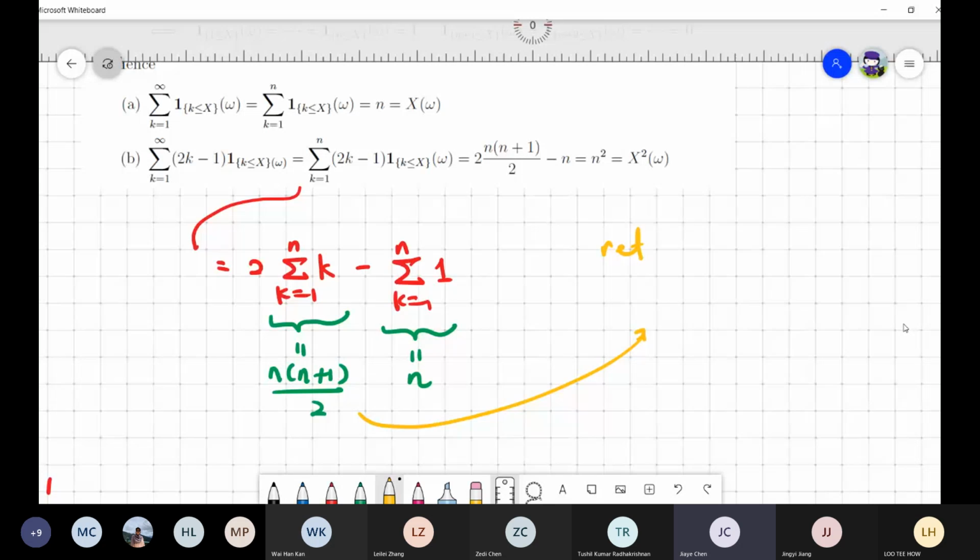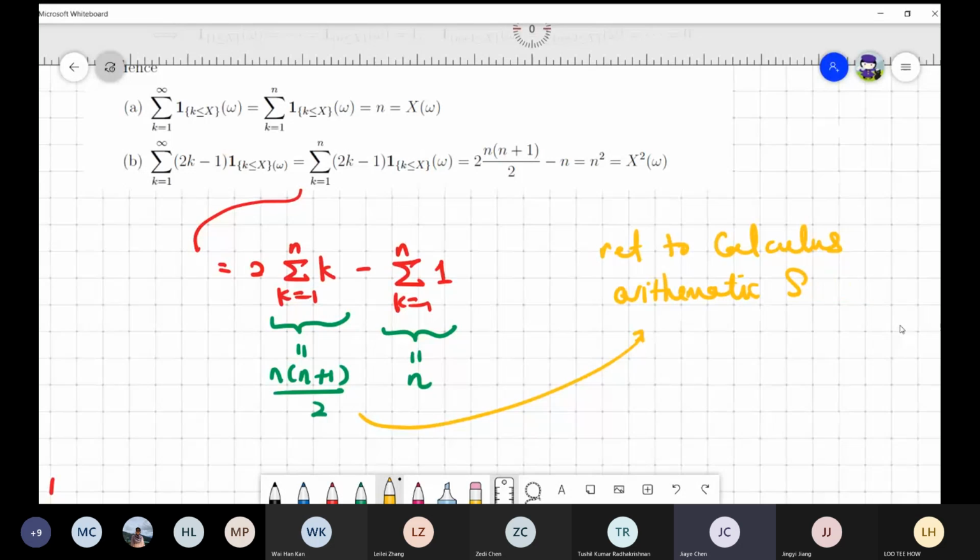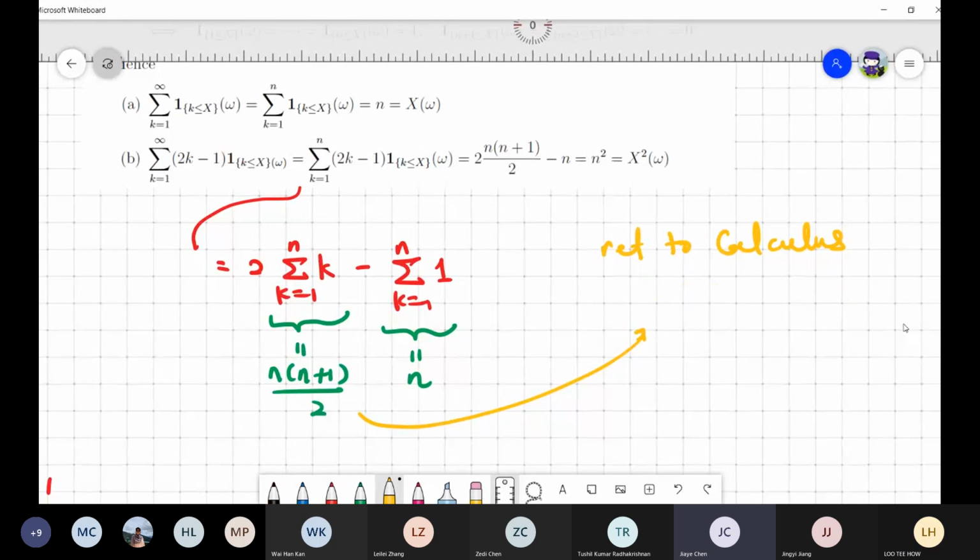What do we call it? I think this is the so-called arithmetic series formula. Actually, I can't remember.